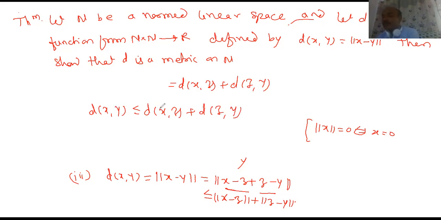This proves the conditions of a metric, so this function defined like this forms a metric. So this d is a metric, we can say. Therefore d is a metric on N. Now we will stop here.